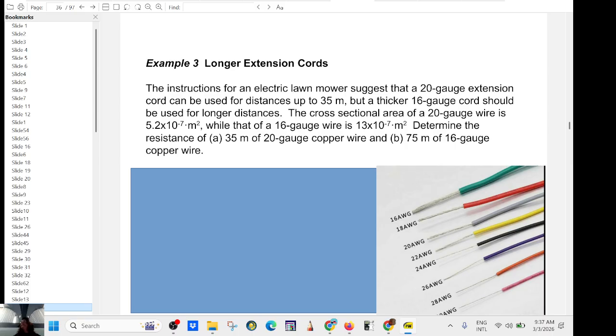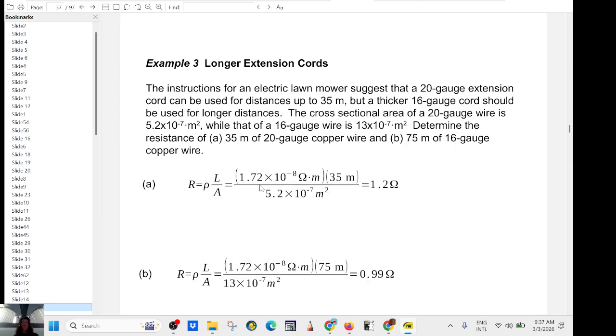Okay, it's easy. They do the computation for you. You have the constant here for copper, the length of the wire, and then here you have the cross section. Okay, 1.2 ohms. And for this one, you should find 0.99 ohms.